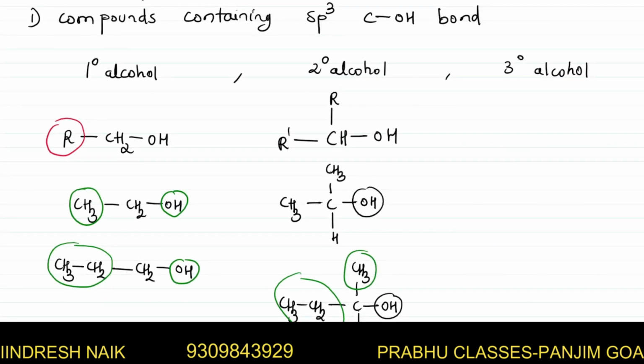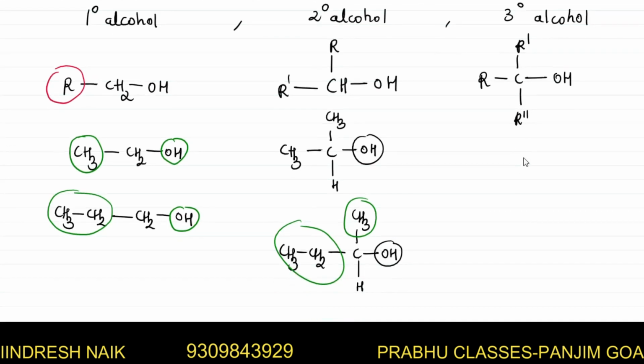Then next is tertiary alcohol. Tertiary alcohol is represented this way. It is this way. Means three alkyl groups which may be the same or may not be the same. I'll just show you one example where it is the same.